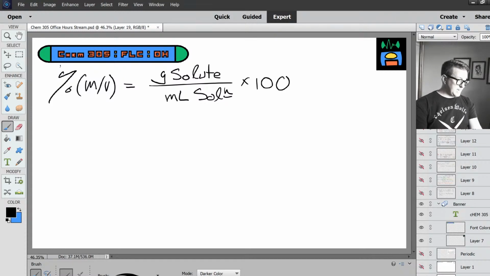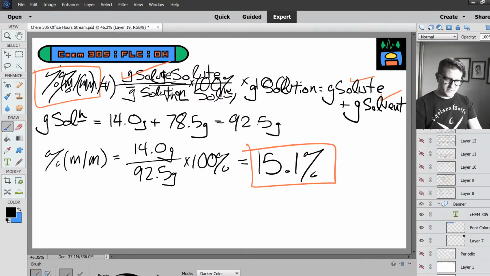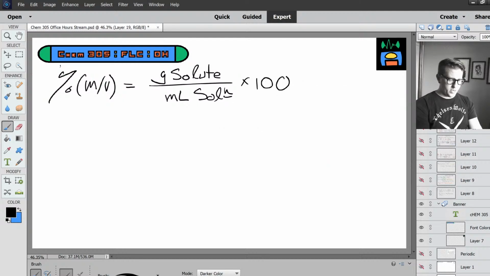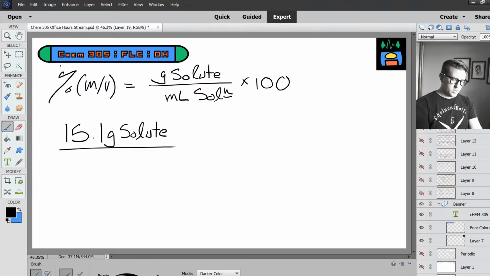And if you look at it, our percent mass, which we just calculated and I promptly forgot, 15.1 grams of solute over 100 grams of solution.